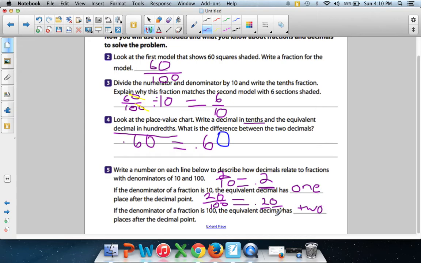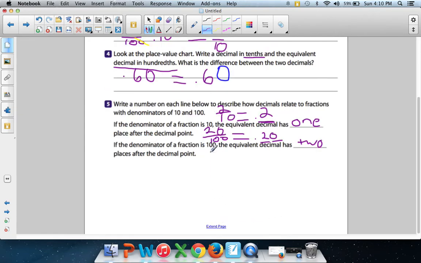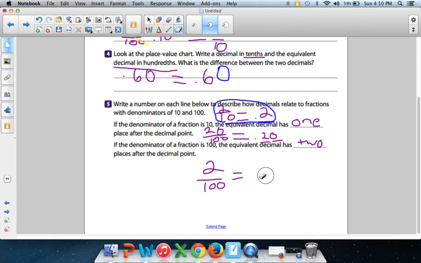Doing this made me think of something that you should see. What if you had 2 out of 100? Should you just put 0.2? But isn't 0.2 what we put for 2/10? With 2 out of 100, there's a special rule. When you've got such a teeny tiny number over 100, you got to put an extra 0.